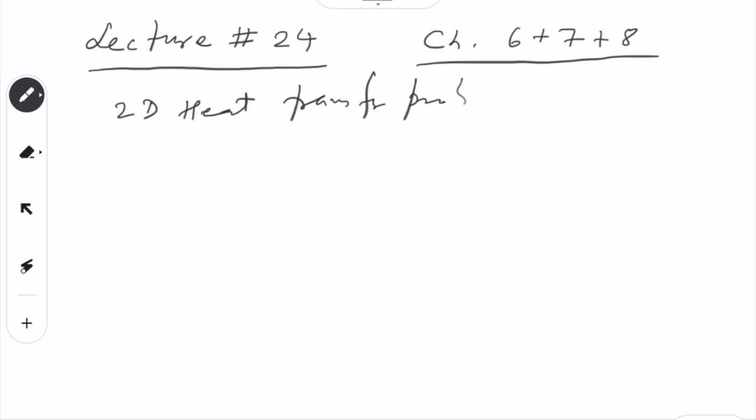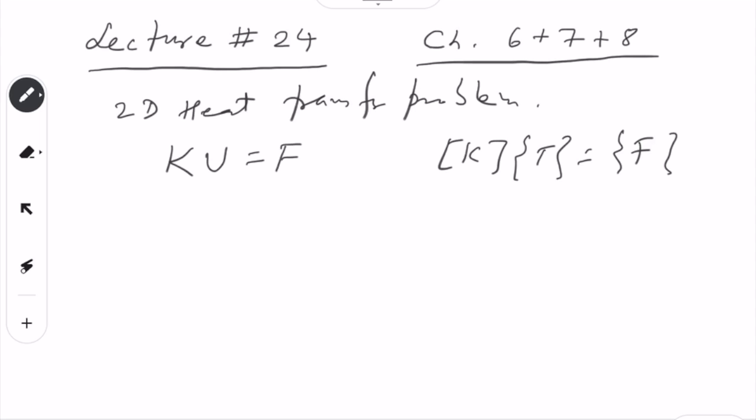Okay, so in the last video lecture we looked at the 2D heat transfer problem, and we derived this kind of thing, Ku equal to F, or in this form, KT equal to F. So this is for temperature, this is the stiffness, and F was given.